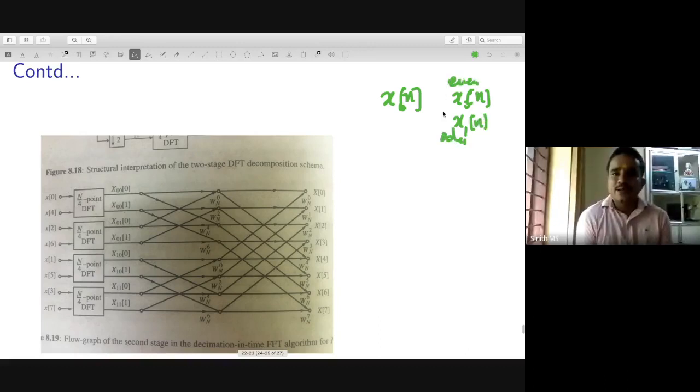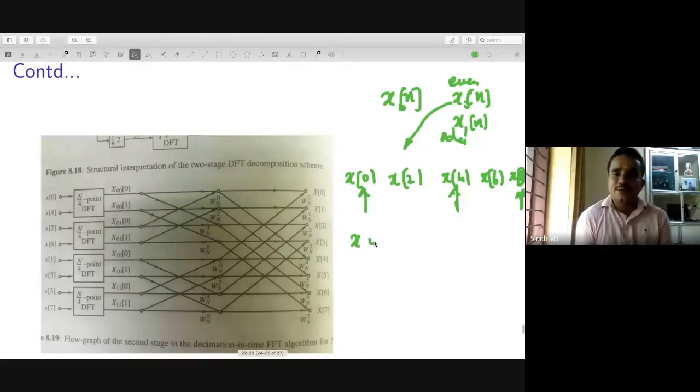Now these even terms, if you have say x0, x2, x4, x6, x8, etc., we can take odd and even terms from this. If you take the even terms from this, it will be x0, x4, x8, x12, like this. And you can call this the even terms of the even terms.